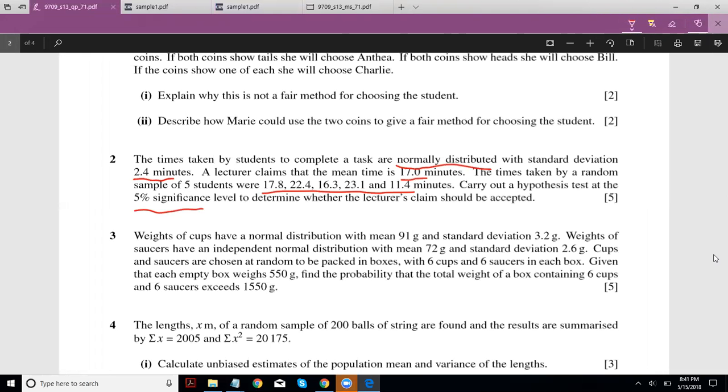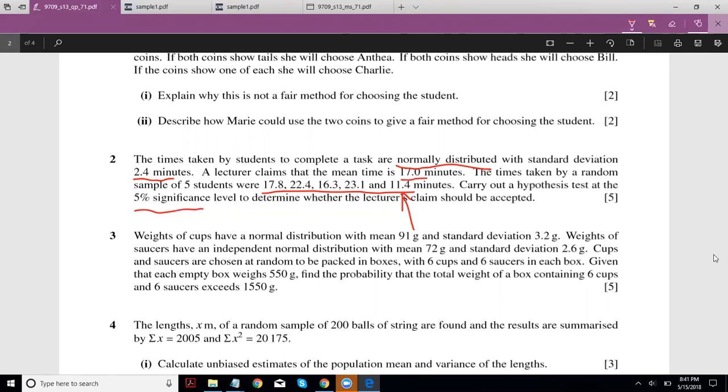But don't just go by the phrasing. Understand that you can get a particular value for the mean from the sample, which you will calculate, but the fixed, specified value in this case is 17.